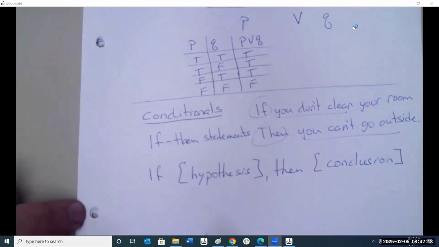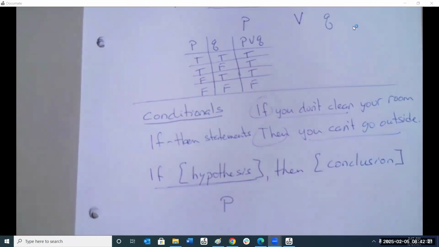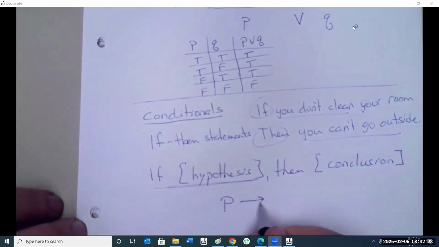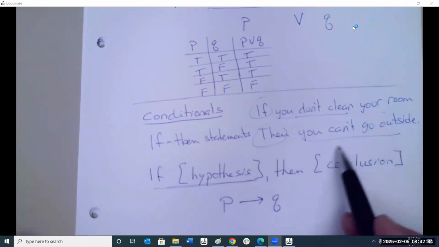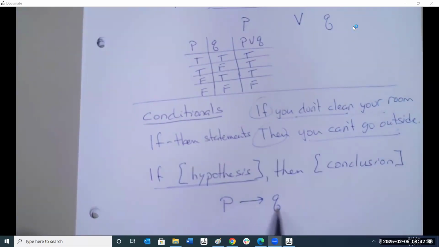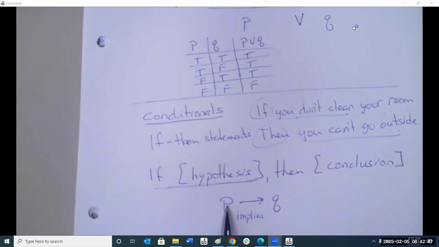It says, if this occurs, so if P occurs, if that's true, then it implies that Q is going to occur. Because here's my P, this is my Q. If P occurs, then Q. This symbol here means implies. So if this event occurs, then this event's going to occur.